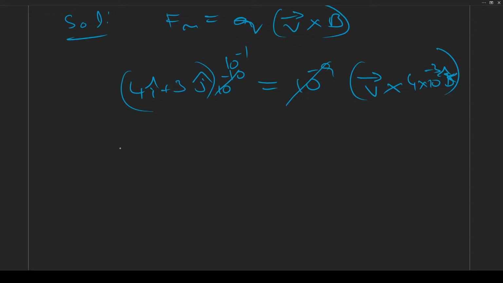So 4 i cap plus 3 j cap times 10 power minus 1 is equals to 4 into 10 power minus 3 k cap.